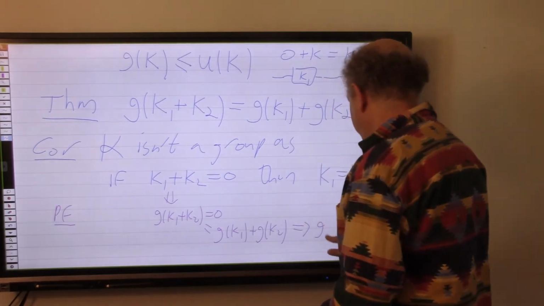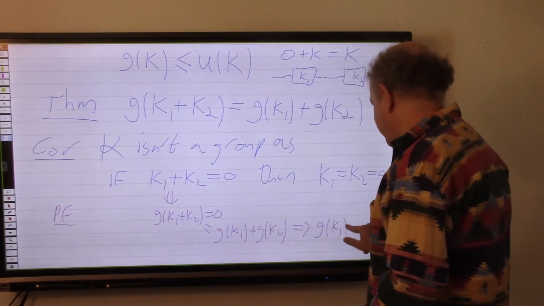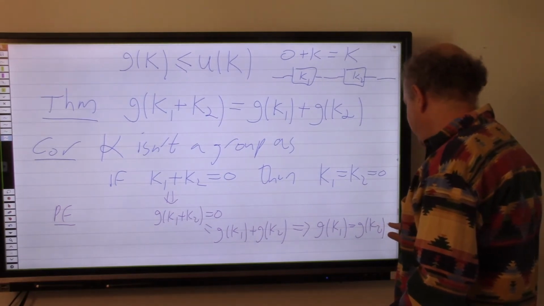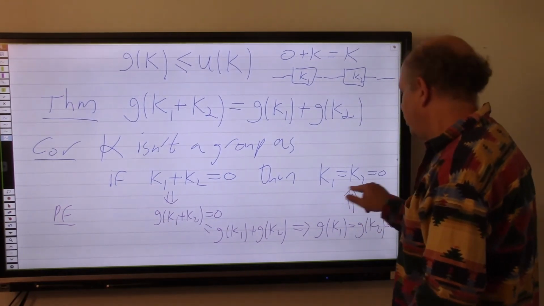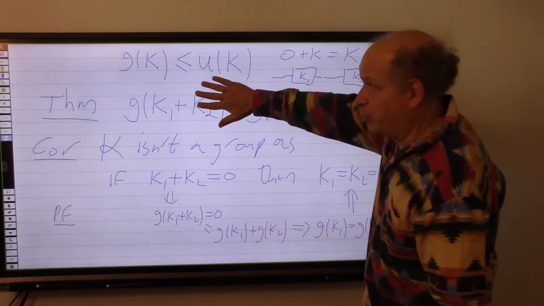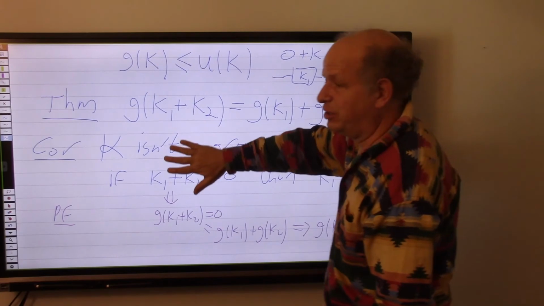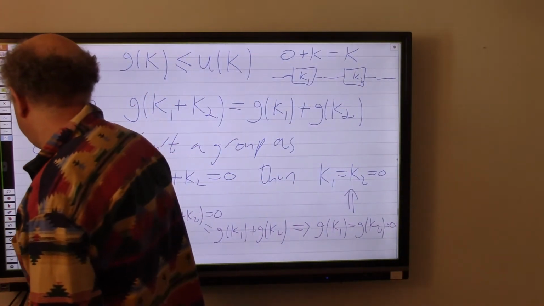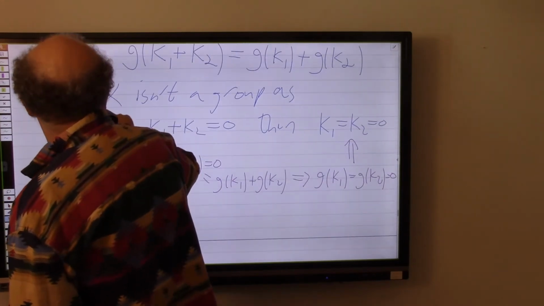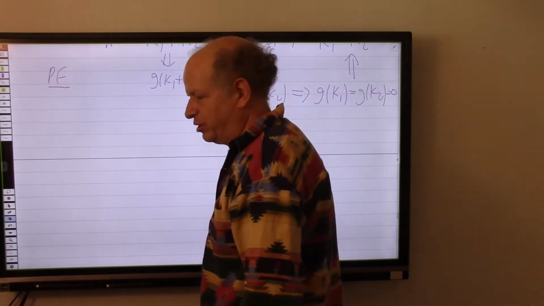So the genus of K1 and the genus of K2 are both 0, and so both knots are the unknot. I haven't proven the theorem, but once I have proven it, I will know that the only invertible knot is the unknot.